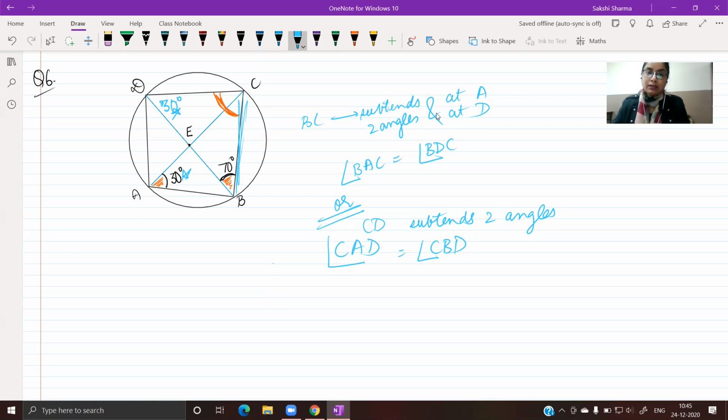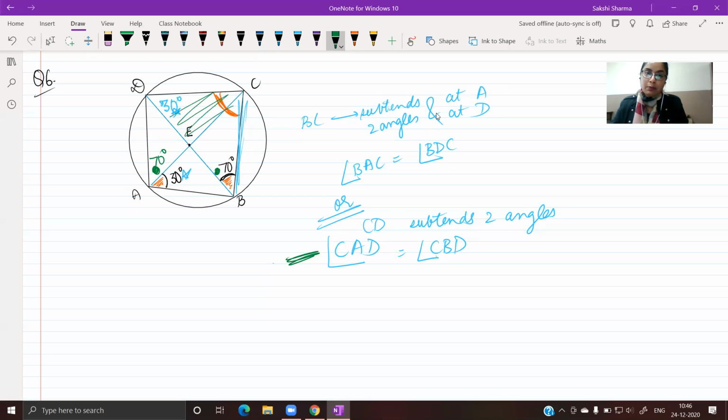This angle and this angle, they become equal. Or if we use this one, CAD becomes equal to CBD. In that case, this angle will be equal to this angle. This angle becomes 70 degrees. So with either of the two, either the first relation or the second one, we can find out angle C.